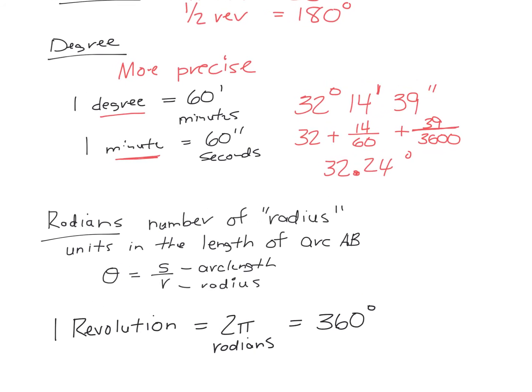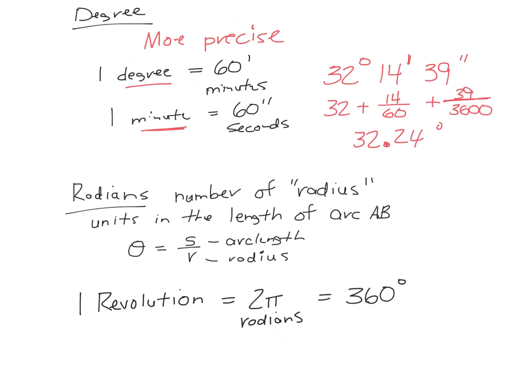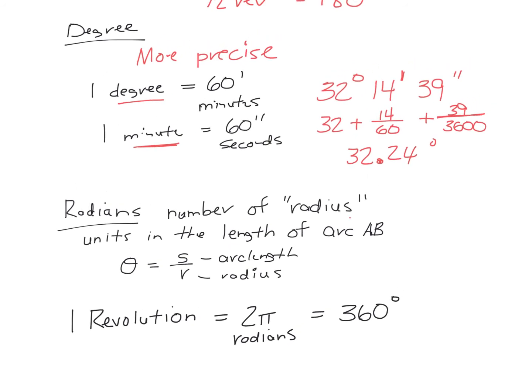Radians. Now this is defined as the number of radius units in the length of arc AB. So for example, if I start with this angle and rotate it, this would have to be on a circle.